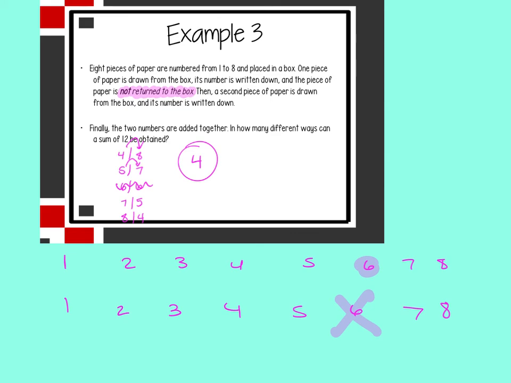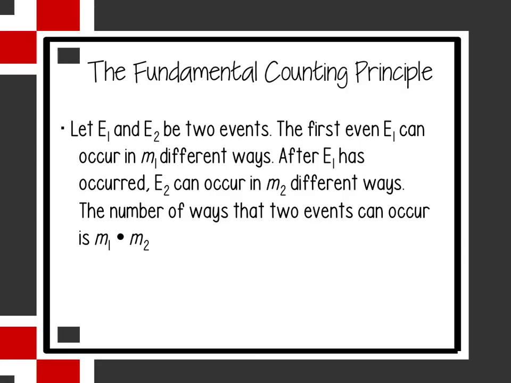Okay. All right, the fundamental counting principle, and I think we'll stop after this, says let E1 and E2 be 2 events. So 2 things that are happening, whether they be rolling the dice twice, pulling a card twice, pulling a piece of paper out of a hat twice, okay? Each of those is a separate event.